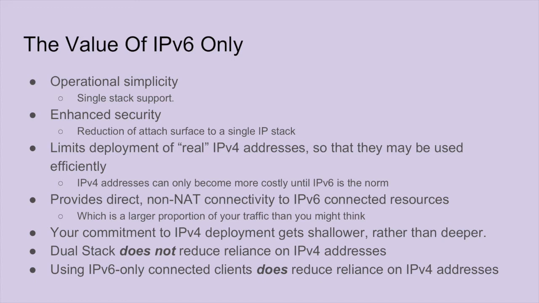But by eliminating v4 completely in this case, you only have to worry about one protocol in the IP stack, which means you dramatically reduce your attack surface to one thing, not two. So those are key advantages of considering a v6-only network to solve a problem.